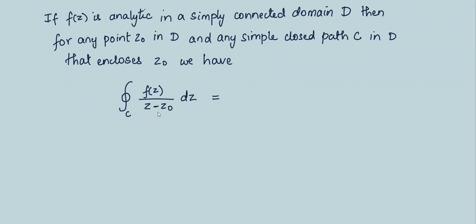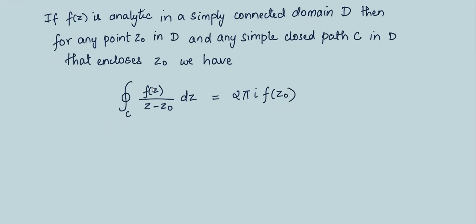That means the whole integrand, not f of z, f of z by z minus z naught, is not defined at z naught. So this value is equal to 2 pi i f of z naught.